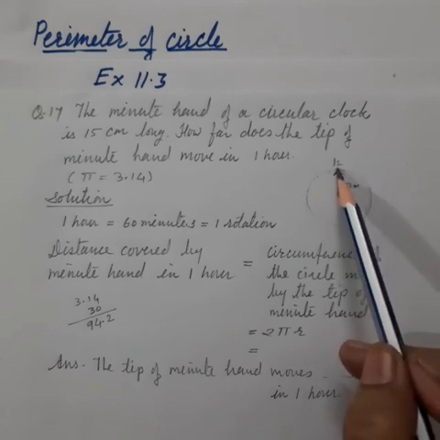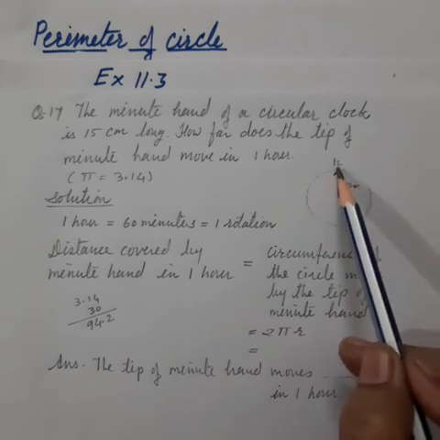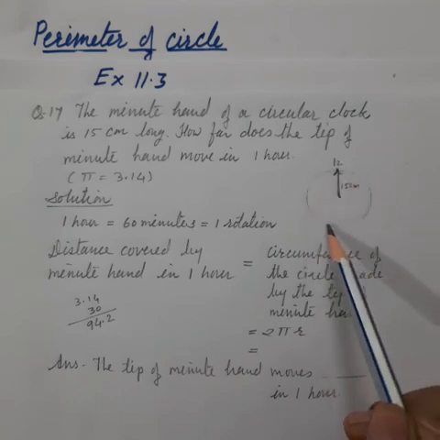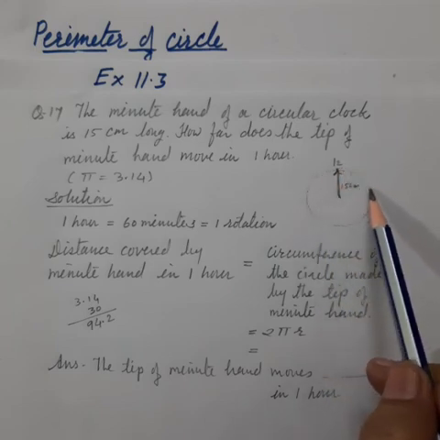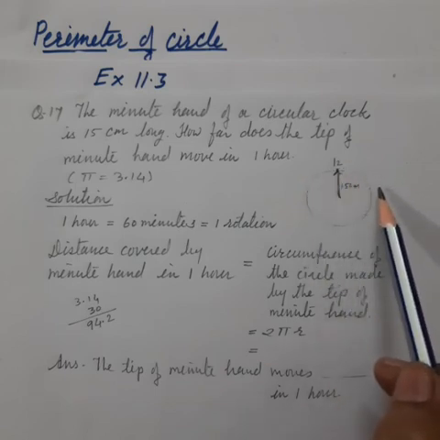And we have to find out the distance covered by the tip of the minute hand in one rotation. That means in 1 hour. So it will be equal to the circumference of the circle made by the tip of the minute hand. So we have to find out the circumference here.